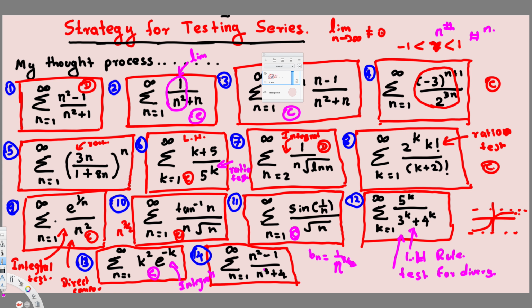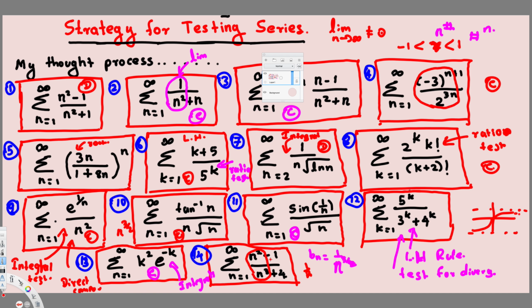And let's look at this one, and here again we can look at this part. If you take n square over n cubed, that's going to be 1 over n. That's a divergent p series, right? 1 over n is a divergent p series.